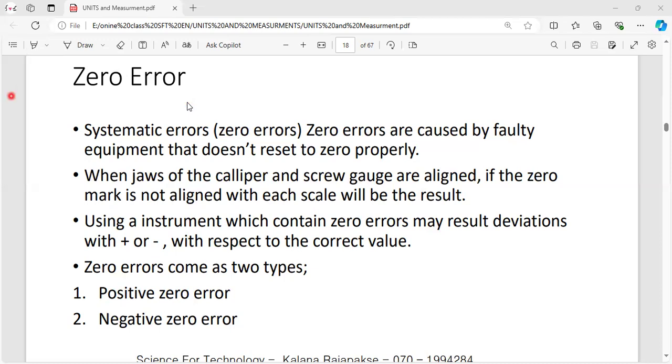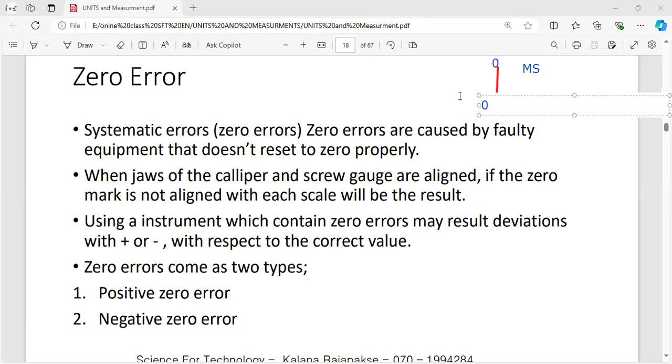For example, if this is the vernier caliper, there is a main scale as well as a vernier scale. Here is the main scale, we'll talk about these things thoroughly, and here is the vernier scale.